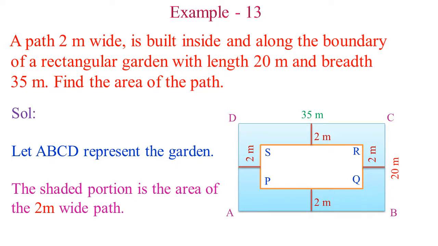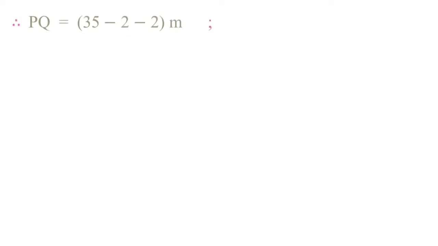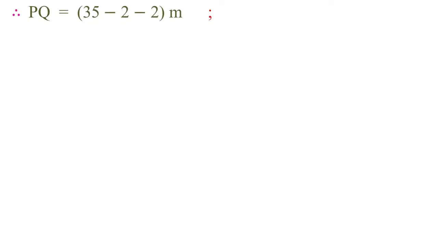What is a path? Path means the difference between the two rectangles. Let's find the inside rectangle length and breadth. Inside length PQ: PQ equals outside rectangle length 35 meter, path width 2 meter, opposite side also 2 meter. So we take PQ equal to 35 minus 2 minus 2. 35 minus 2 is 33, 33 minus 2 is 31 meter.